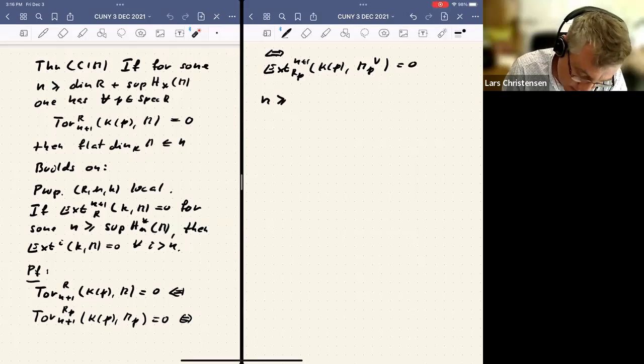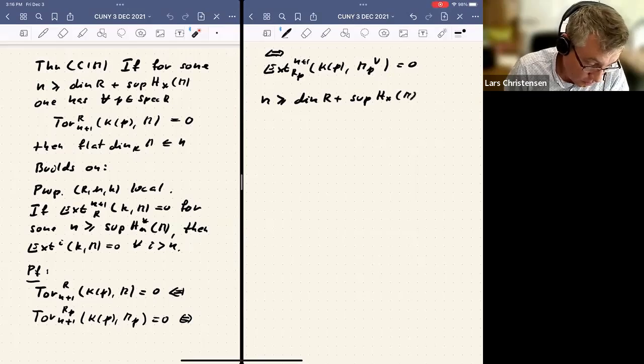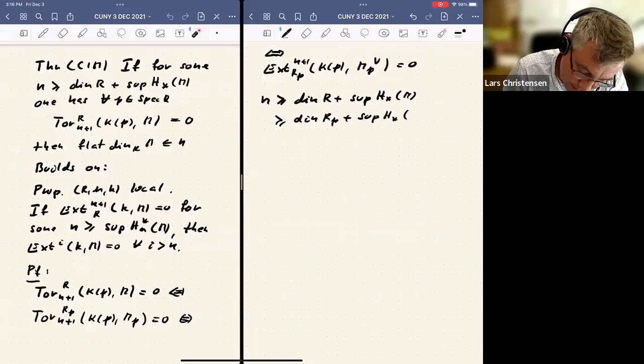Well, n is, we said, at least the dimension of the ring plus the supremum of the homology of M. Well, that is at least the dimension of the ring localized at p plus the supremum of the complex itself localized at p.